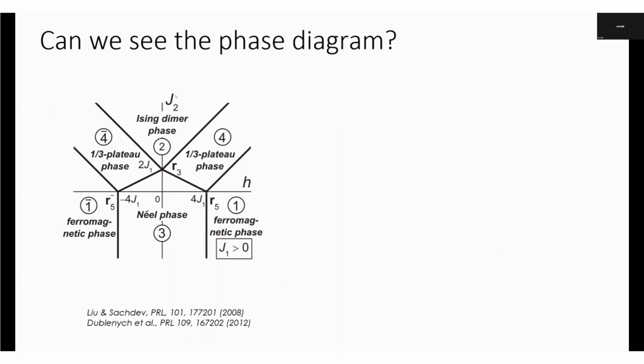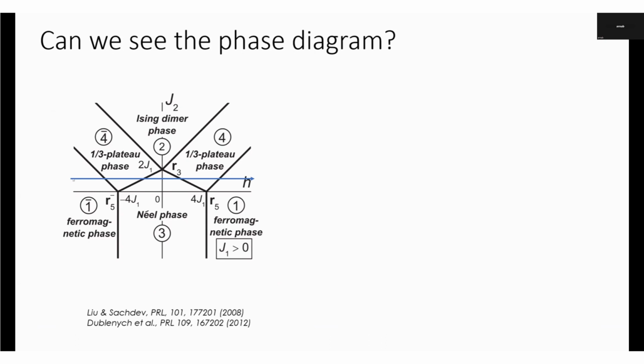H is the magnetic field and J2 is something that you vary, with J1 fixed. So this is a phase diagram as a function of J2 and H with J1 fixed. When you do that, you get all these interesting phases. You get this dimer phase where you have no ordering, but you have dimerization, and you have this 1/3 plateau phase.